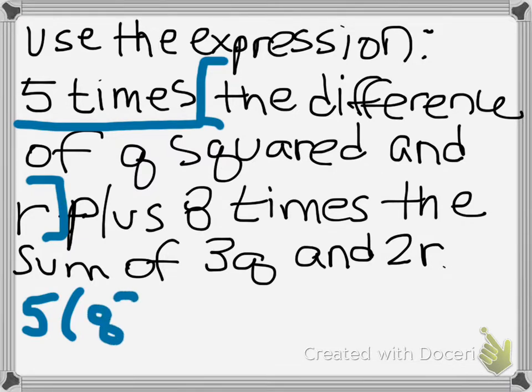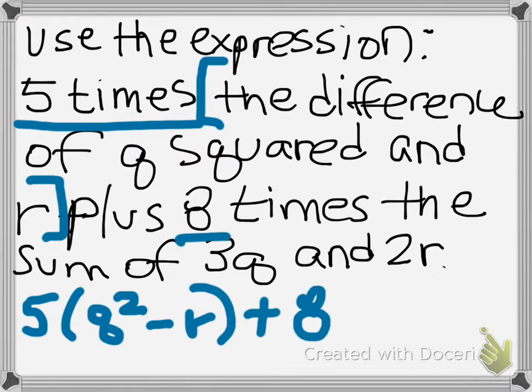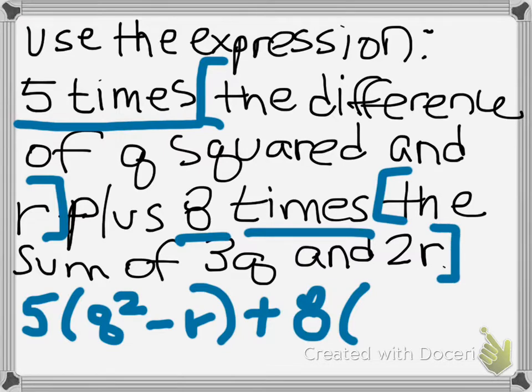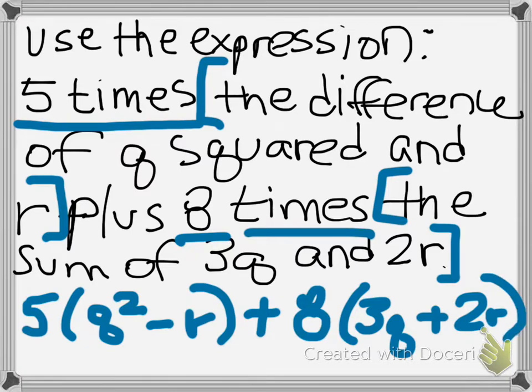So q squared minus r. Then it says plus 8 times the sum of 3q and 2r. And again, that's a grouping of more than one term, and we're going to put that together in parentheses. So there would be my algebraic expression.